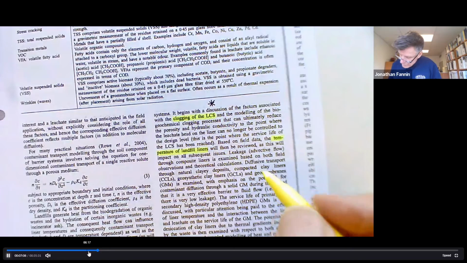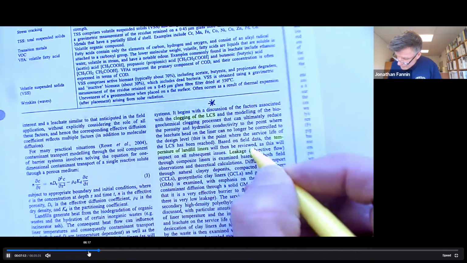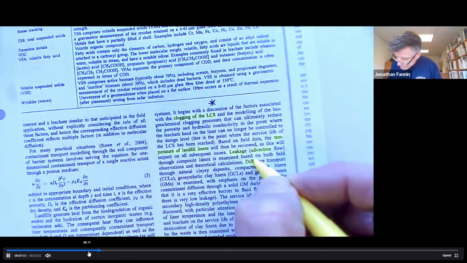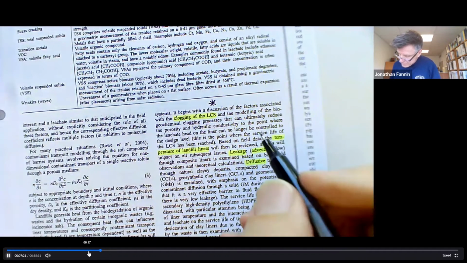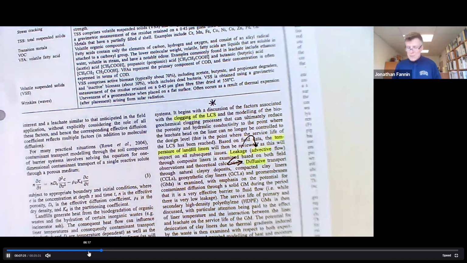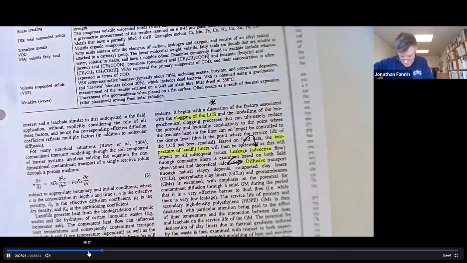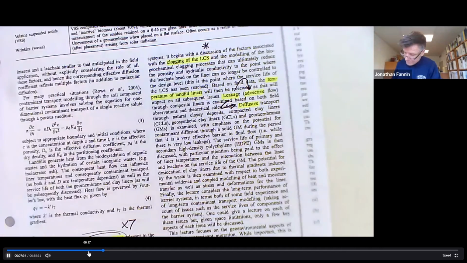He also speaks to leakage, both advective and diffusive. Okay, so there's advective leakage and leakage that's diffusive. He goes on to examine factors that control the service life.